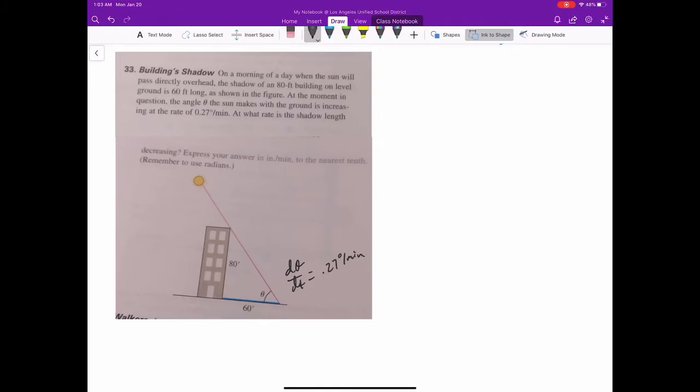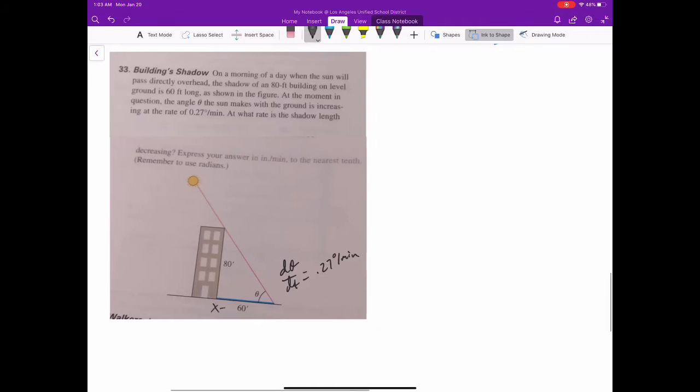Okay, so we'll call this x, call this y. At what rate is the shadow length decreasing? And so we're looking for what is dx over dt.